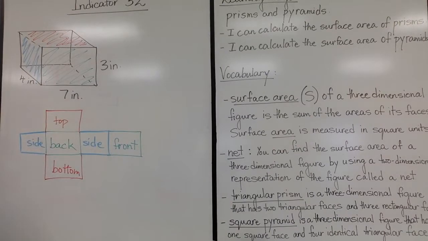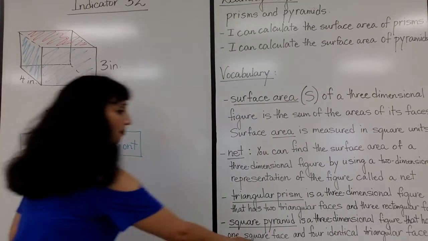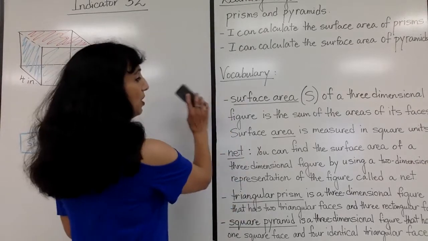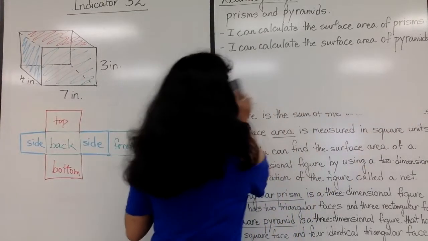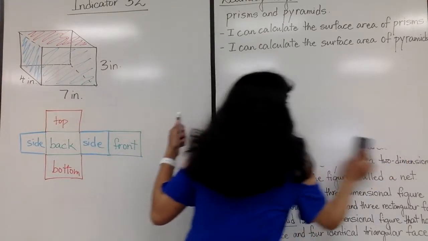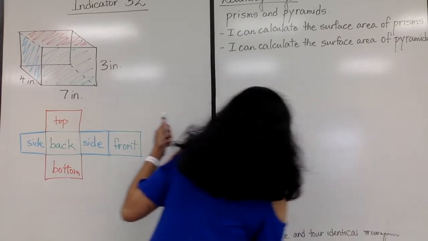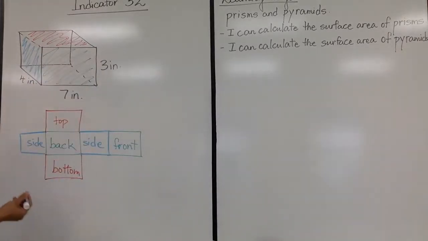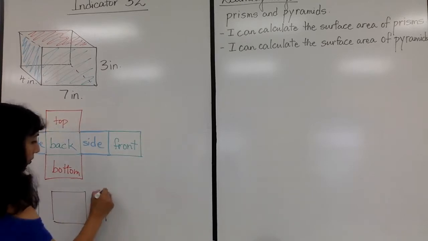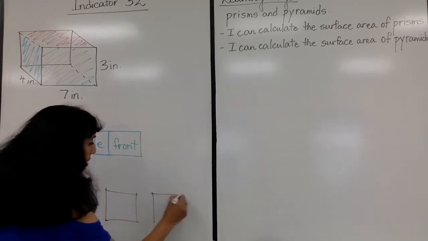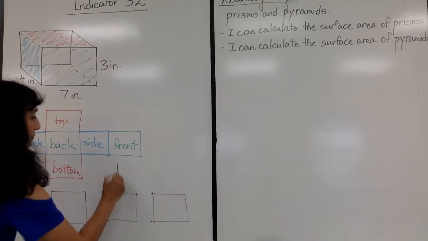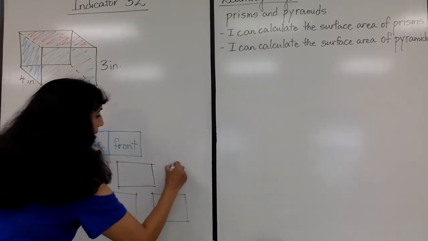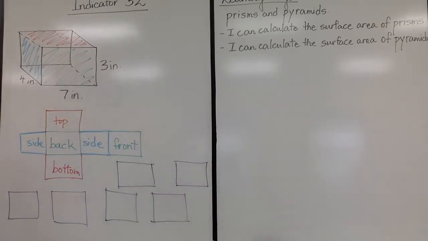So I can just go ahead and, guys, I'm going to remove this because we've talked about what these things are. And I'll do the calculation on this area. But I can just go ahead and make 6 rectangles. 1, 2, 3, 4, 5, 6. Okay?